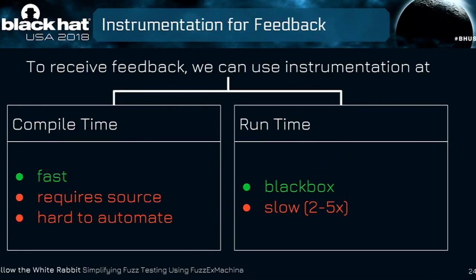Basically, Bhagava explained to you, we need to give the fuzzer feedback. And to give the fuzzer feedback, we need to keep track of the code coverage that we have achieved in a certain execution of the binary. We could do this either during compile time, and this results in a very fast execution speed, but it requires source code for the binary. And in the case of FExM, where we want to do anything automated, we also need to be able to automatically build the binary successfully, which from our experience, unfortunately, is not always possible.